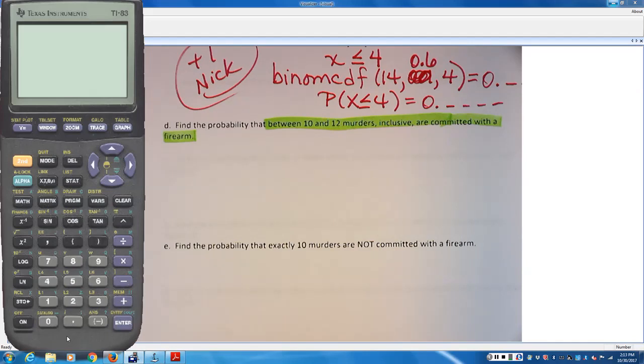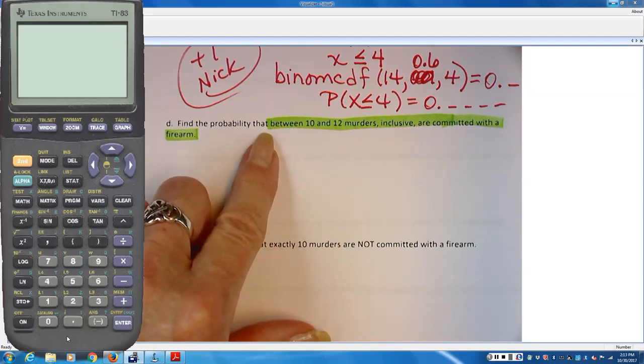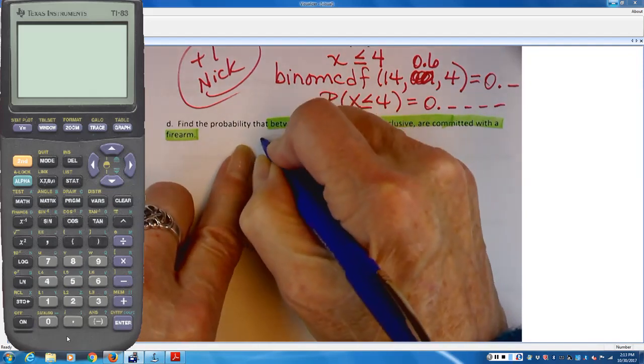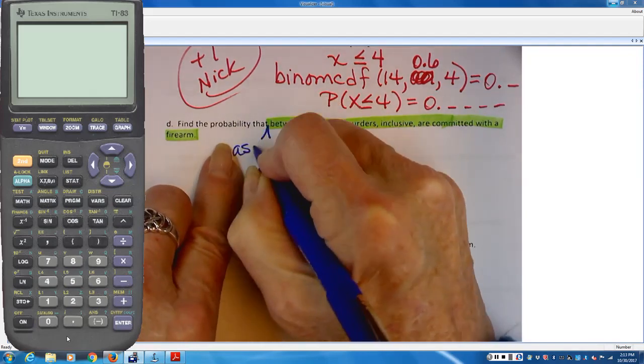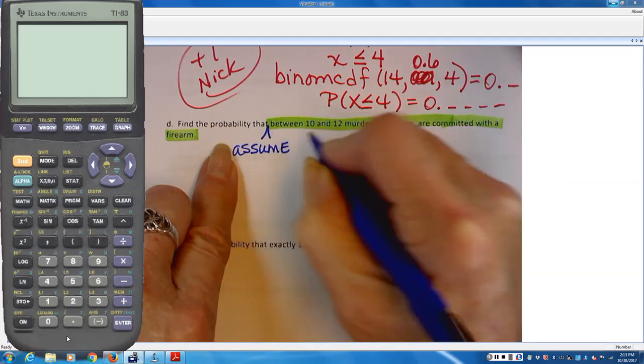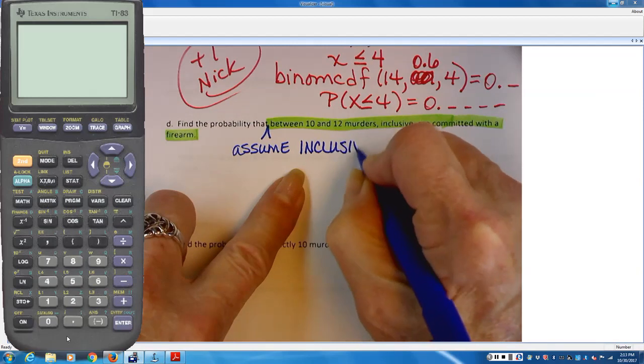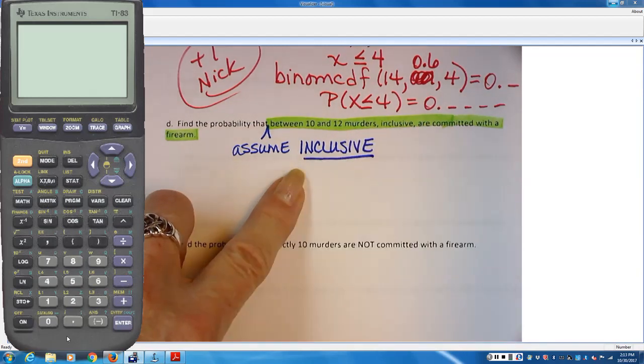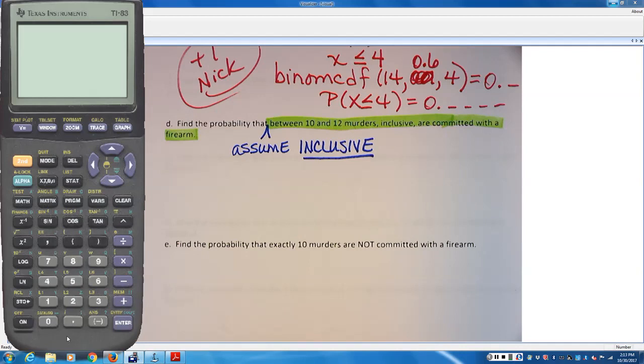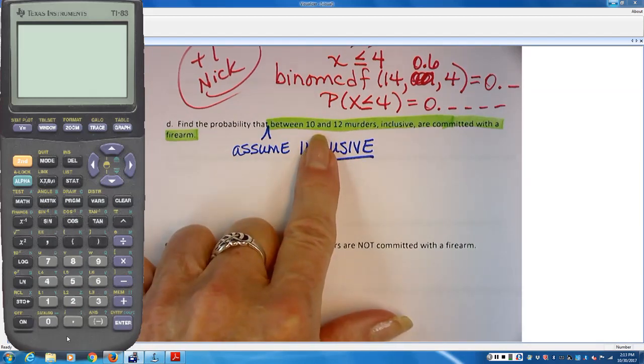If it doesn't say inclusive or exclusive, which this one actually should, I hate that it's not worded better than this, you always assume that it's inclusive. Now, if I assume that it is inclusive, what does that mean the potential values of X are? 10, 11, 12.